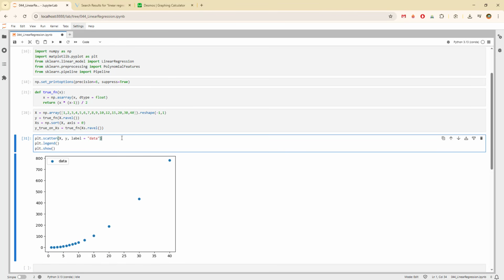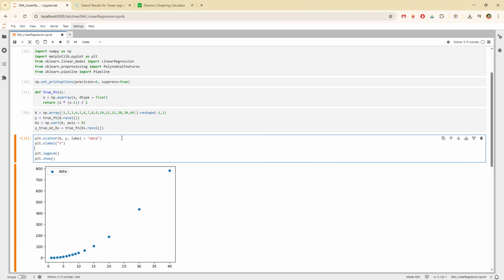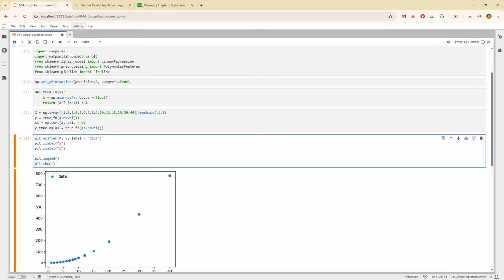And what? The labels. There is a special place in hell for those who do not label their axis. X label would be named X. Y label would be named Y. And what else?